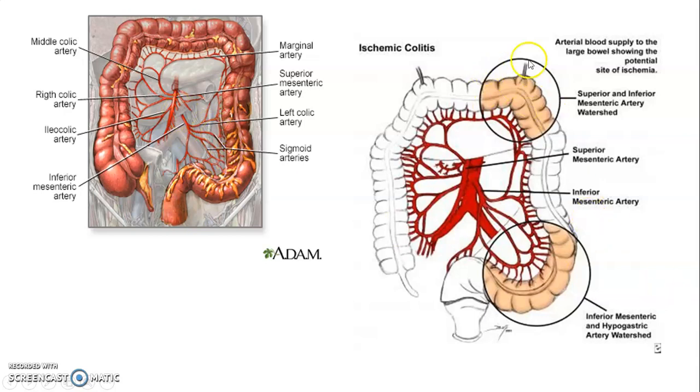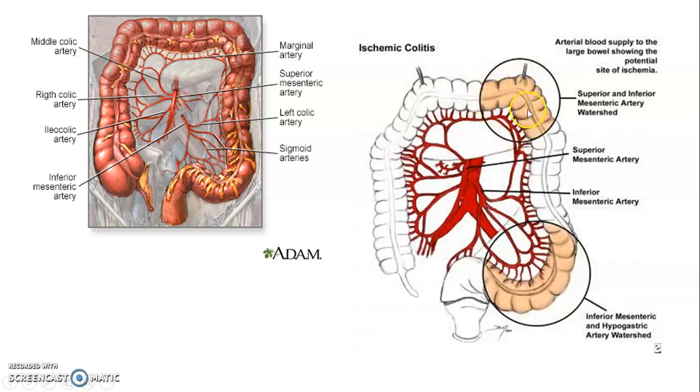So this shows the left colic and sigmoidal branches of the inferior mesenteric joining the marginal artery of Drummond, and the two potential watershed areas because you have communication or anastomosis. Here, there is an anastomosis between superior mesenteric and inferior mesenteric branches. It's a junction between midgut and hindgut, because the midgut is supplied by the superior mesenteric and the hindgut by the inferior mesenteric.